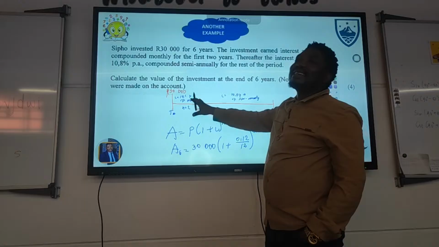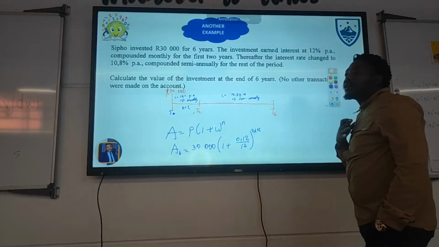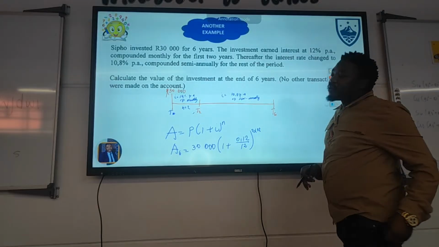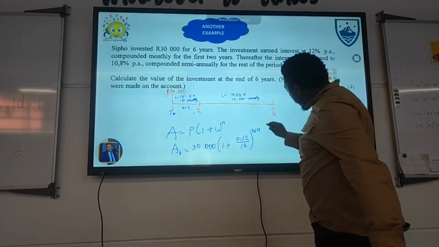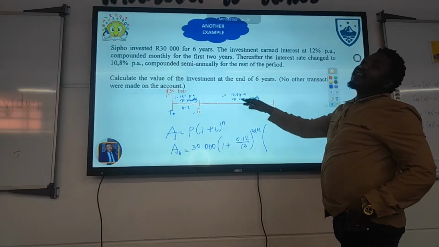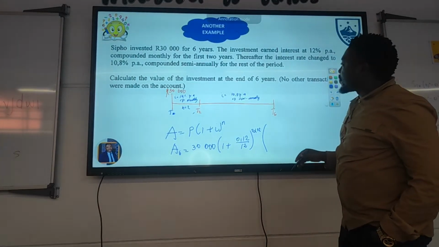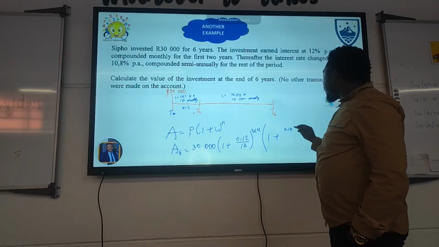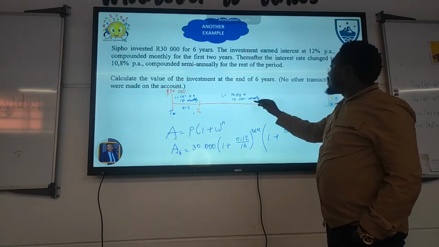And then because the money is still in the account, it has not been withdrawn, there's no other amount that has actually been deposited. It's the same amount. You can open the new bracket and then change the interest. The interest now has changed, and it is just 1 plus our interest, which is now 0.108 divided by semi-annually.